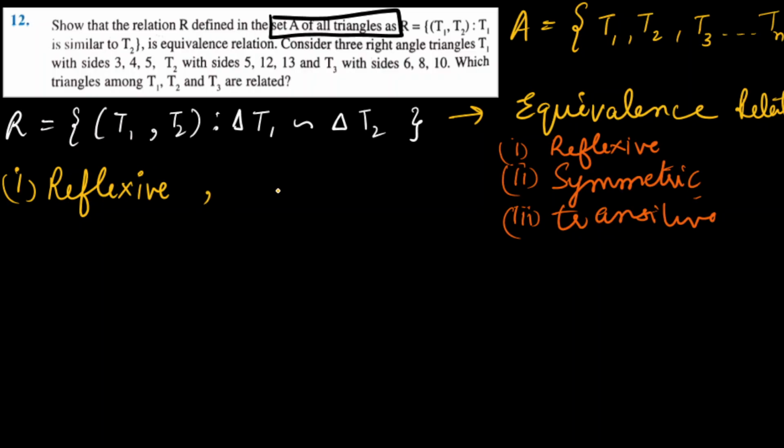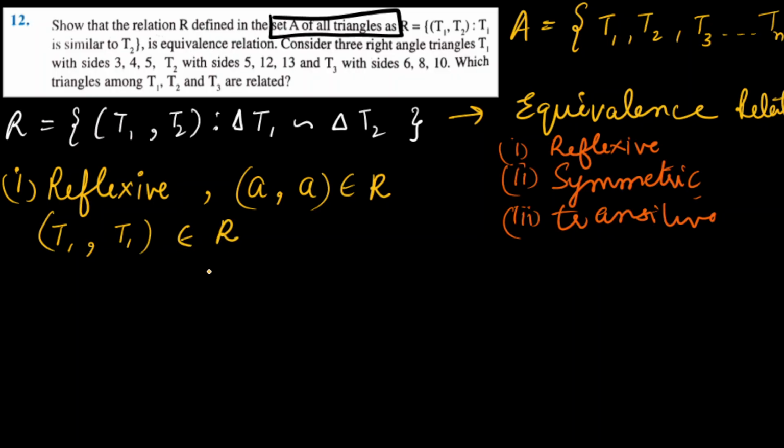So for reflexive, if we go to its definition, we know this type of ordered pairs (a, a), duplets, should belong to R. R is the given relation. Now if I take this type of ordered pair (T1, T1), the same triangle I am taking. So yes, definitely the triangle which I have taken will be similar to itself.